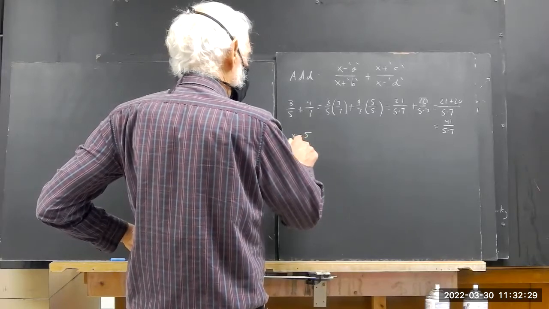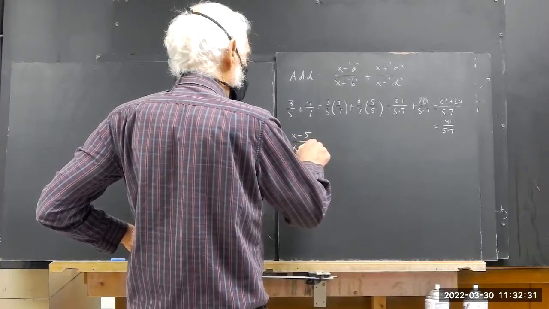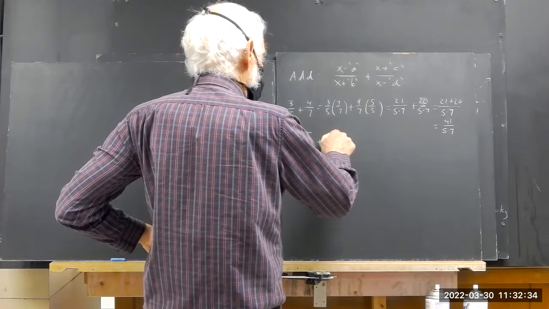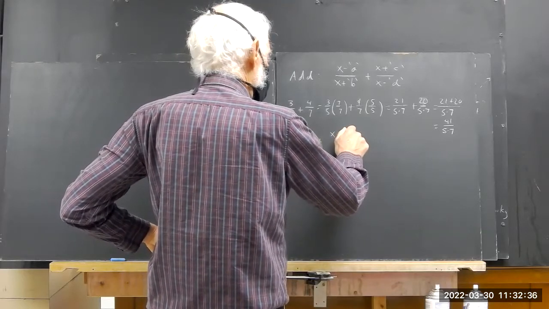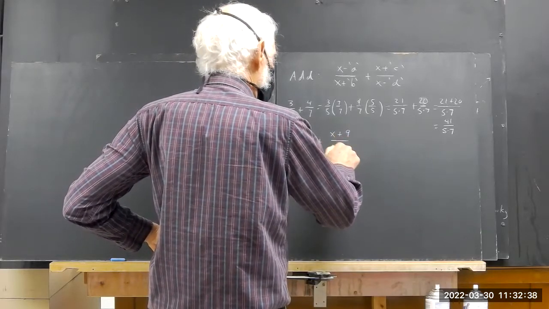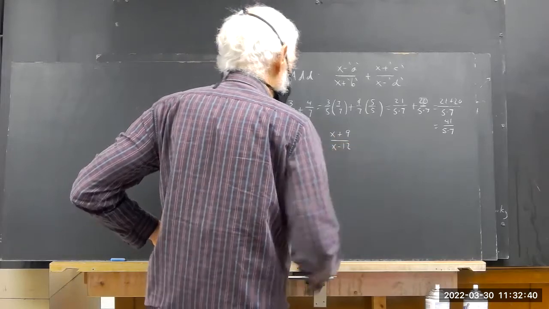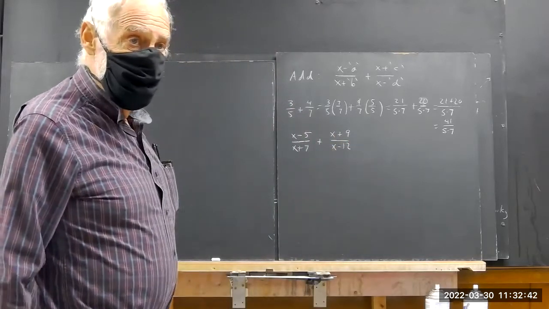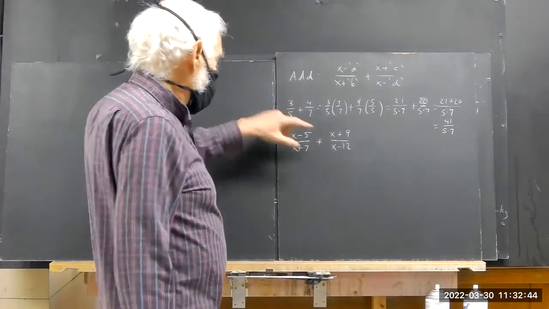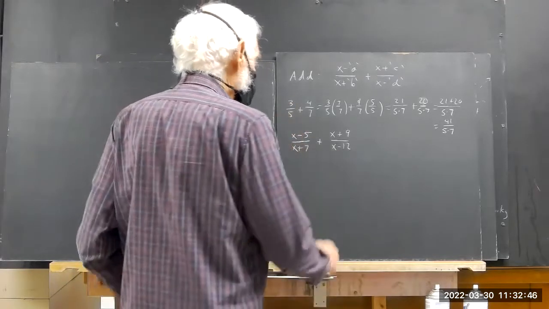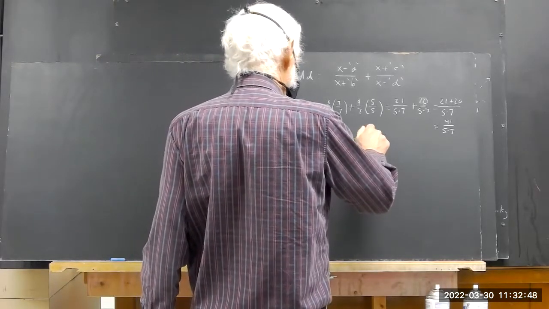Okay, so let's just say this is x minus 5 over x plus 7 plus x plus 9 over x minus 12. Okay. So that's analogous to what we have here. What's that equal?